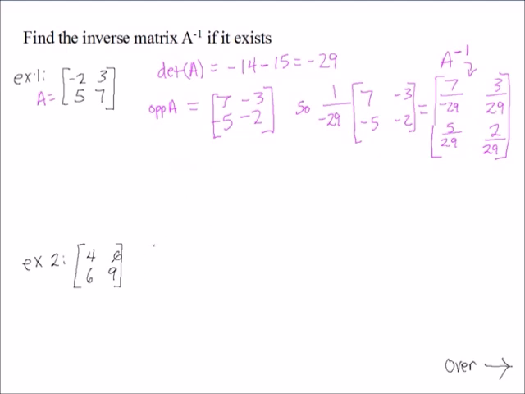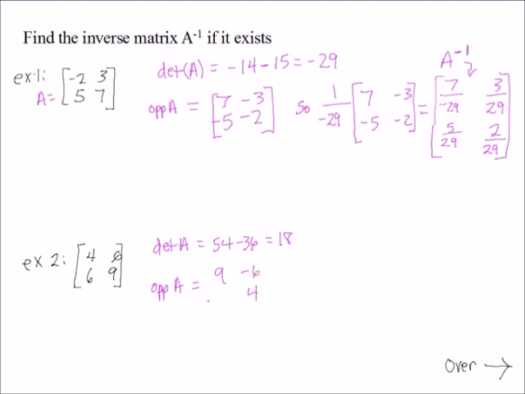Likewise, let's do it again. So the determinant of A is equal to 54 minus 36. So this is equal to 18, okay? Op A, so the first step, switch your front diagonals. So this is 9, 4, and then put negatives in front of these numbers.